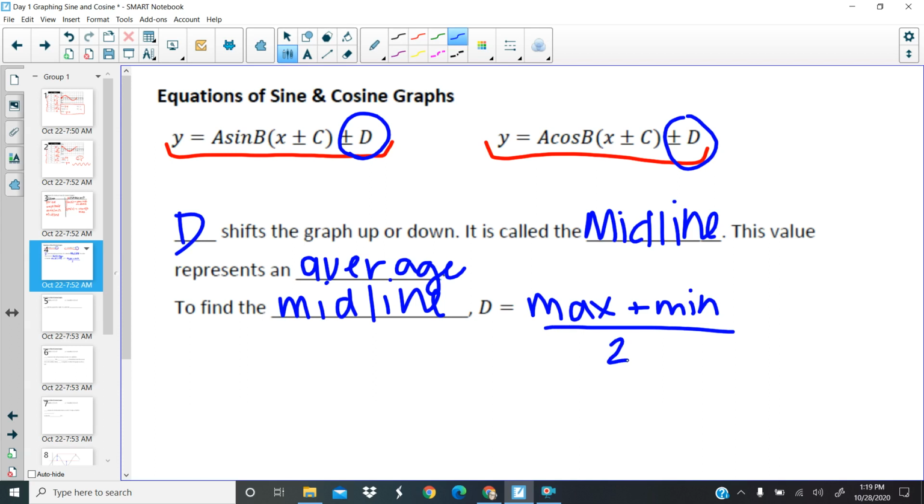So if you're given an equation and you're given a word problem or something like that, and it has an equation there for you already, and it says what's the average temperature or what's the average water level or whatever on a certain graph, then the average is always just going to be whatever that midline is.